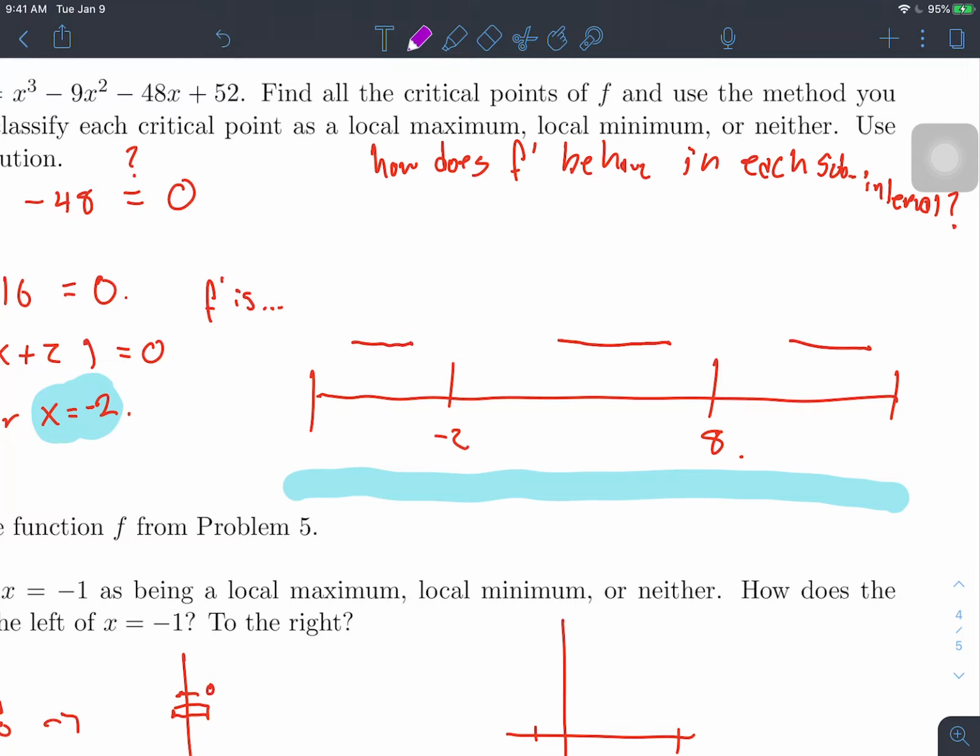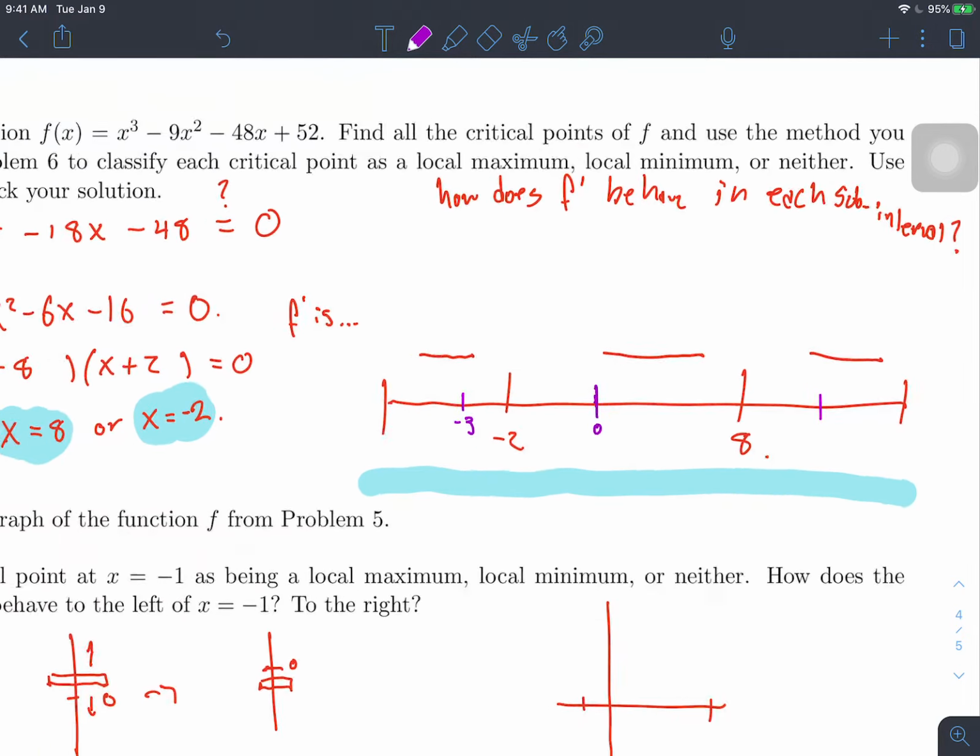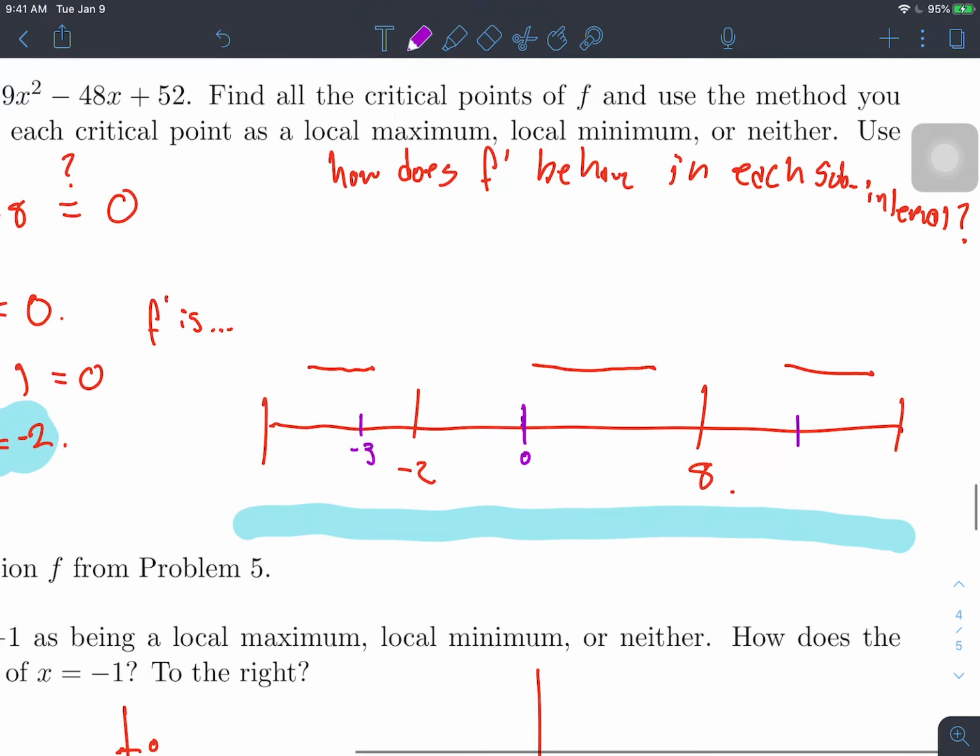If I get a negative number, then the derivative will be negative in that entire interval. Okay? So the numbers that I'm going to pick are -3. In between -2 and 8 is 0. 0 is always an easy one to plug in, so I like 0. And I'll pick, I don't know, 10 from this side. So that's another one that's kind of easy to do.